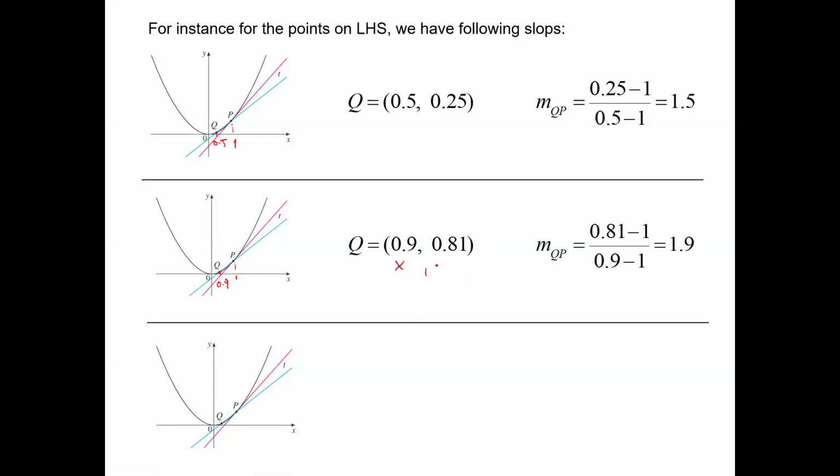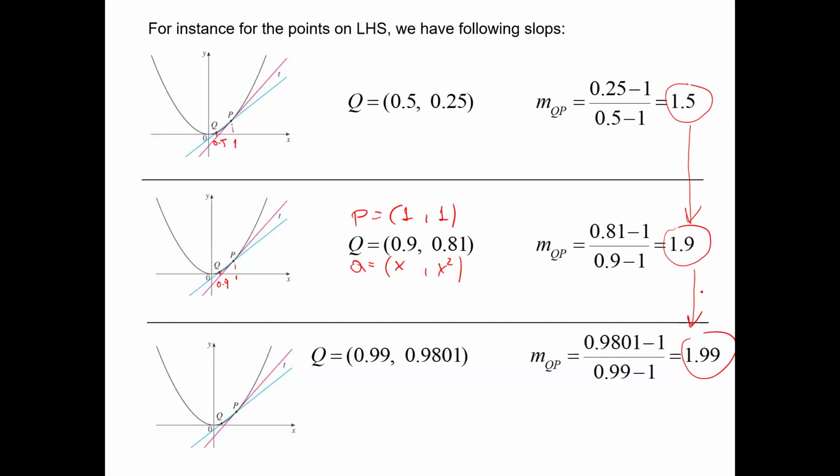And we know how to find the slope if we have 2 points. Now we can see the slope of the secant line QP, between Q and P, Q being 0.5 and 1, it's 1.5. And then another slope, when we're getting closer to 1 on the left-hand side, is 1.9.